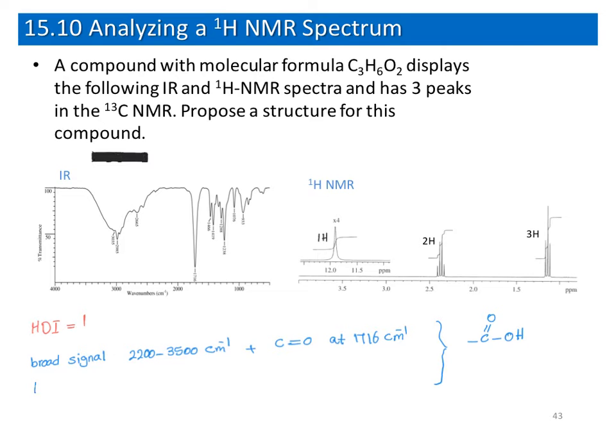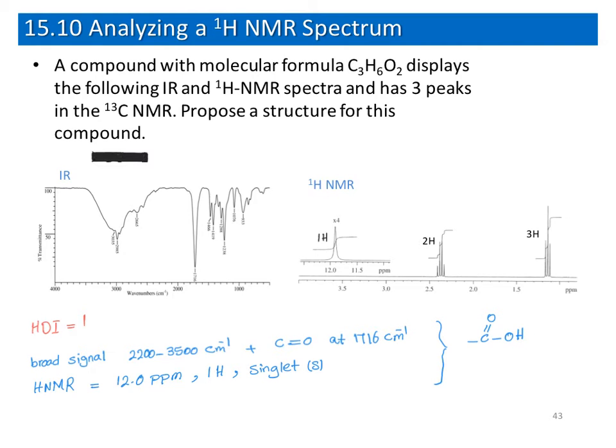From hydrogen NMR, we can confirm presence of the carboxylic acid functional group. At 12 ppm, we have 1 hydrogen, integration of 1, and we see a singlet that belongs to this hydrogen in carboxylic acid.